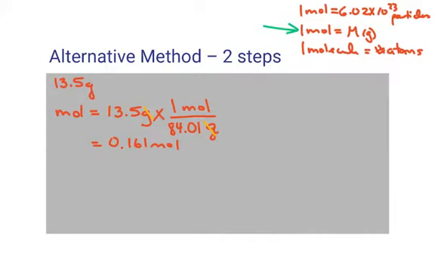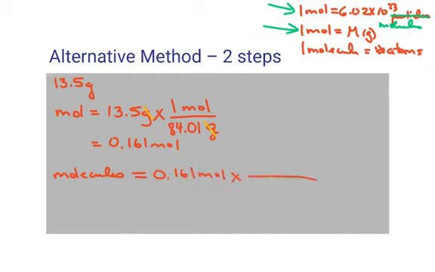I've solved for moles, but my question asks me for molecules. So again, if I want to consider, okay, second conversion factor is going to be needed here. How can I get from moles to molecules? There is a conversion factor to help me do that because particles can be changed to molecules, as we know. So I can do a second step where I'm going to look for molecules using my moles that I figured out in the first step.